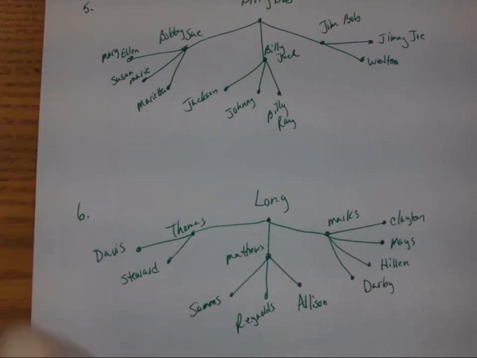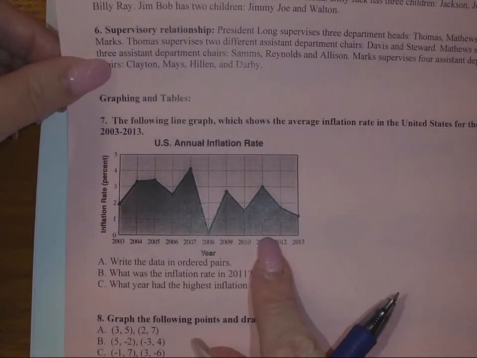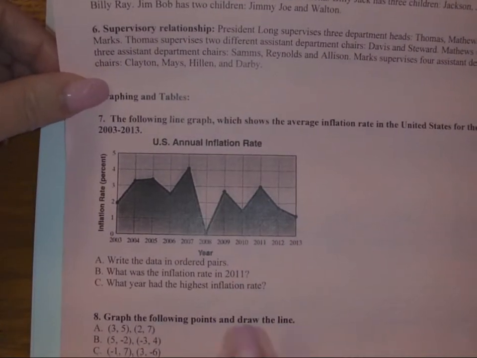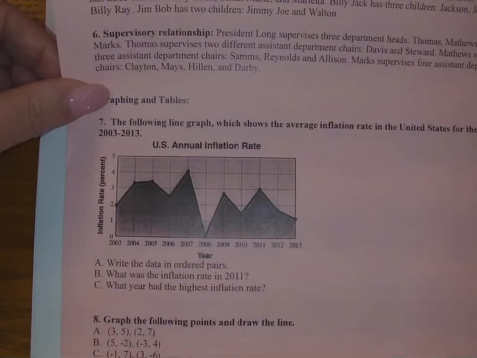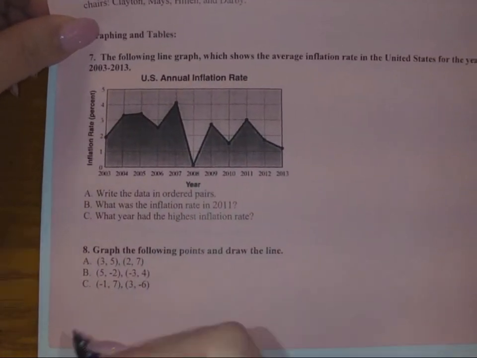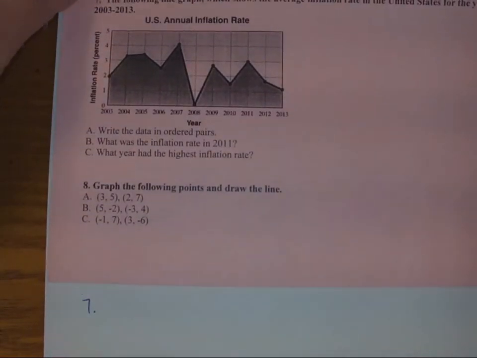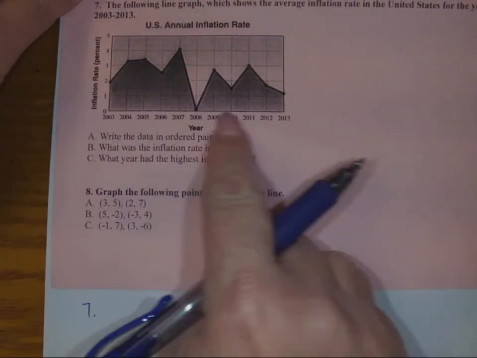All right, so that's the tree diagrams. We're now going to look at graphing and tables. So we're going to look at our graph here and we're going to write some information. So looking at the graph, we're going to write the data in ordered pairs. So this will be number 7. Looking at the data, we're going to look at this part here first.